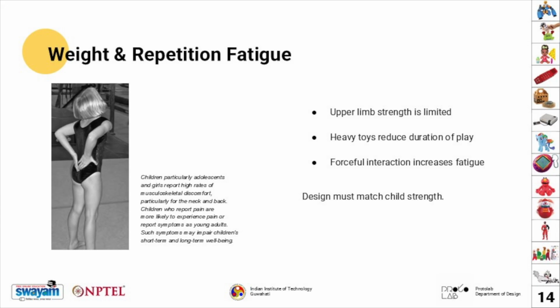Fatigue leads to shorter engagement time. Shorter engagement reduces developmental benefit. Physical ergonomics therefore directly influences learning outcomes. The goal is to match toy weight and required force to child capability, not adult perception.